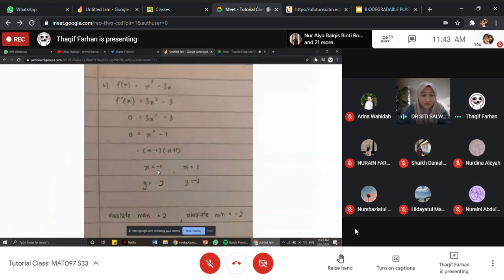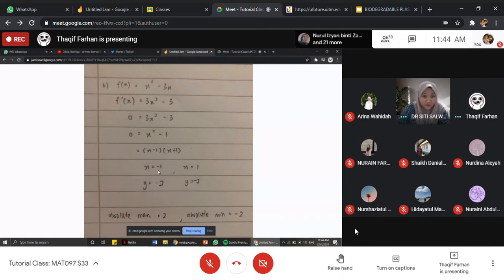Okay, and then kita just ignore x equal to -1 since -1 is not in your interval, right? Okay, so kita just ambil x equal 1, which is you punya interval B kan?